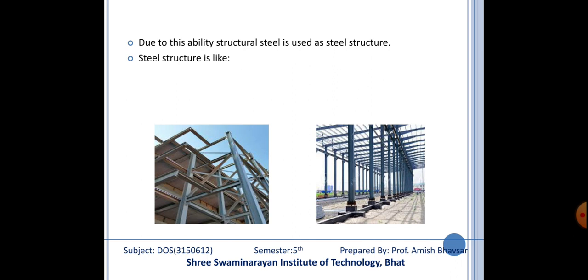The first figure indicates the column and beam of steel material, and number two is a warehouse. There also we are using steel columns and steel beams, and it is covered by steel plate or else cast iron sheets, right? Okay.